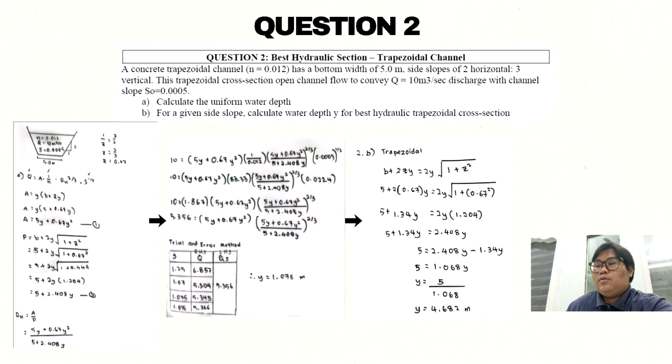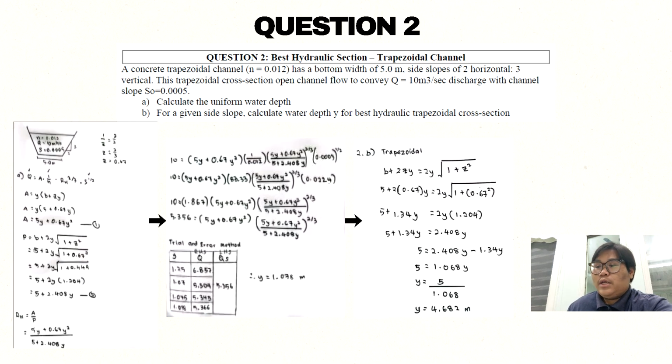After that, we have to use the trial and error method. From the table, I'm using 1.2 for the y, and I will get the Q is 6.857. After that, I'm using 1.07, and the Q I get is 5.304.